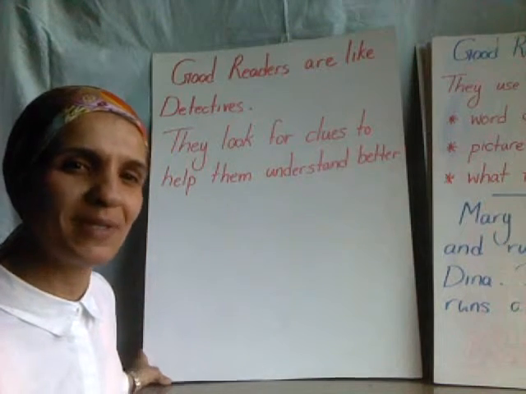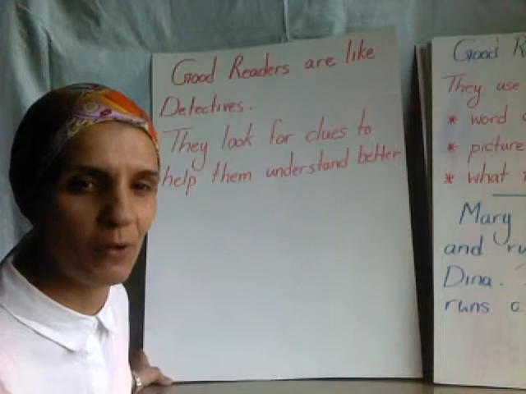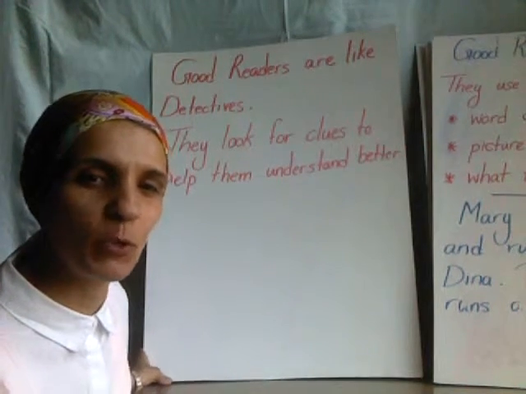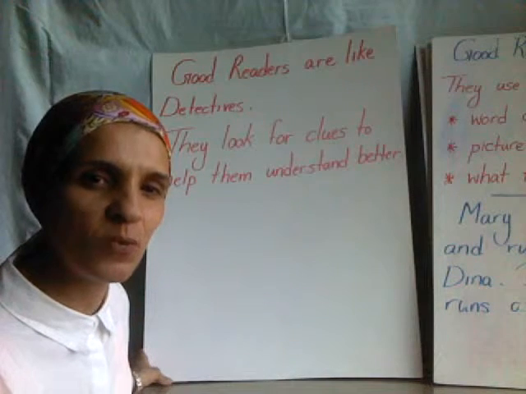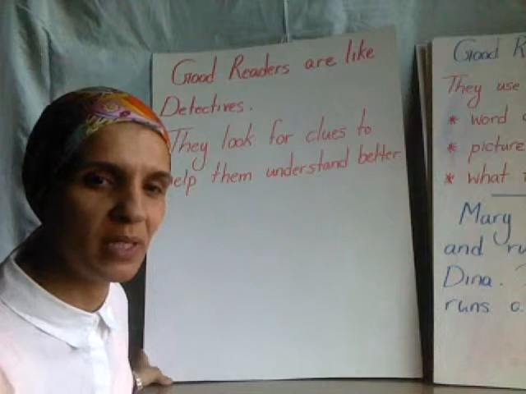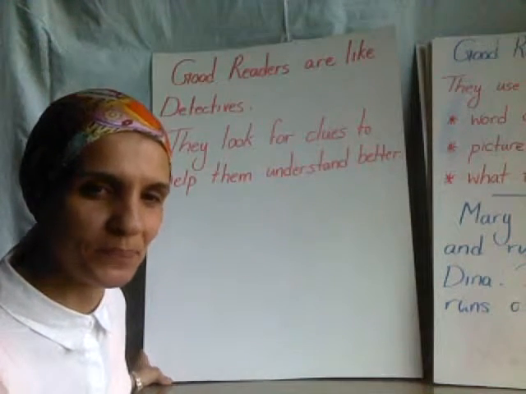He already knows that if it's warm outside, he's not going to put on heavy clothes. He's going to choose something that's light, that won't make him sweat. This is what I mean by prior knowledge, something that you already know. It's not written, there's no picture, but I already know it.